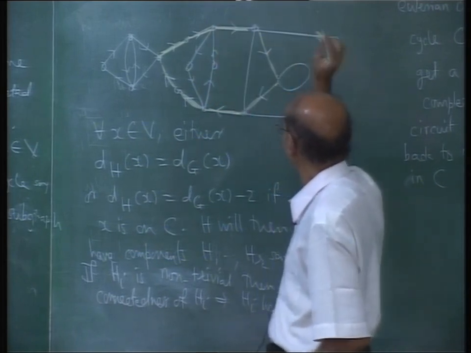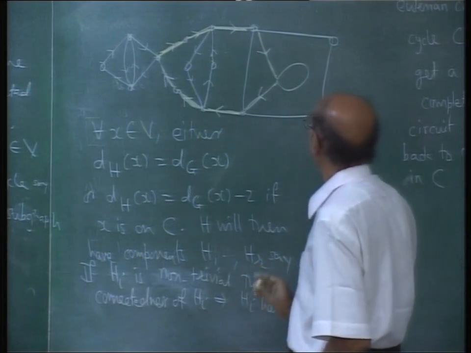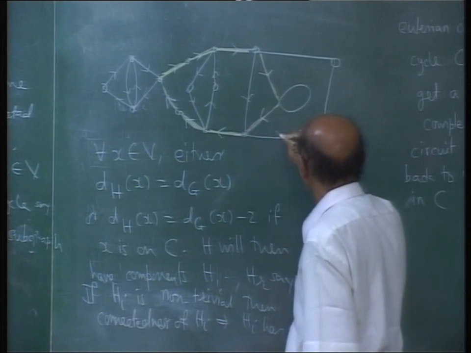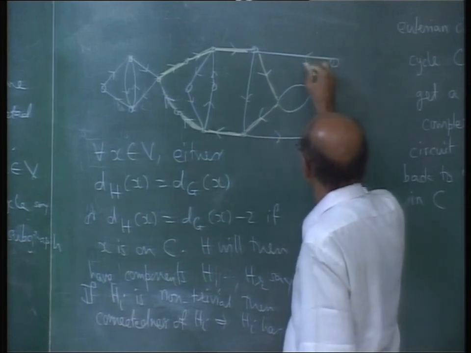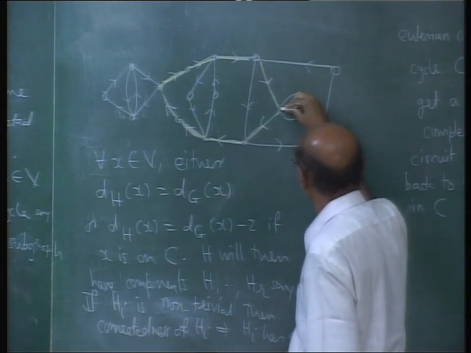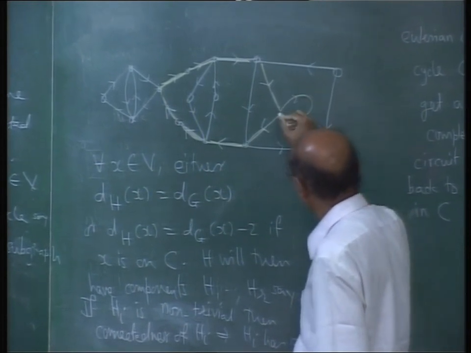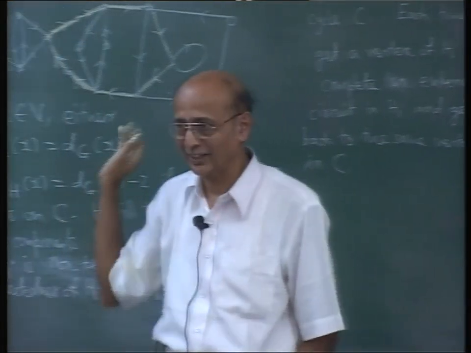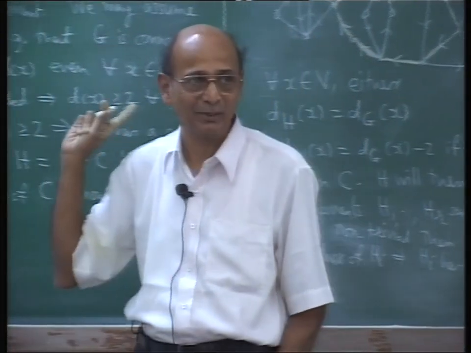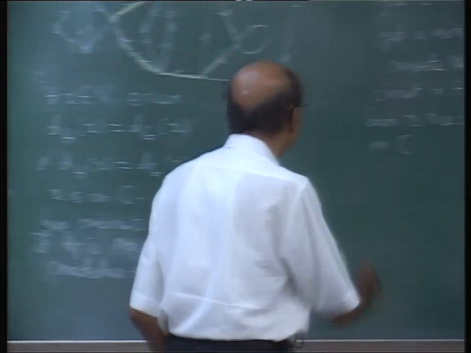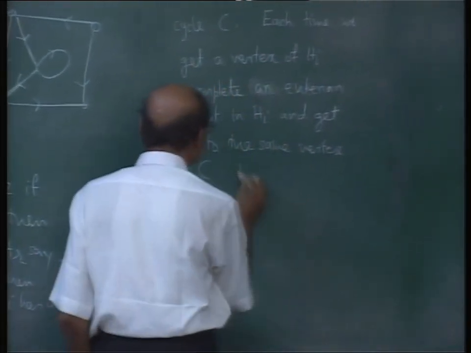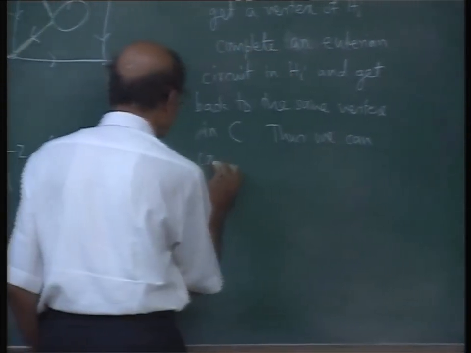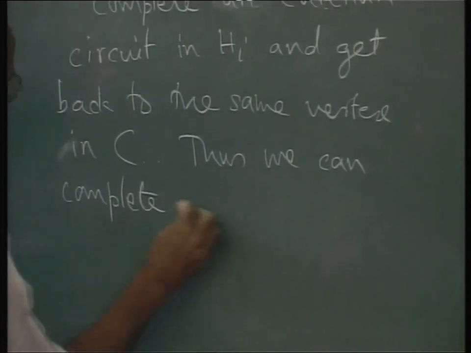Get back to that vertex. You get to this vertex, you see that there is a component, go that way. Get back there. Then you move here, follow the loop, come back, then traverse back. Okay, so this is doable. So the whole point is this is doable. Thus, we can complete an Eulerian circuit.